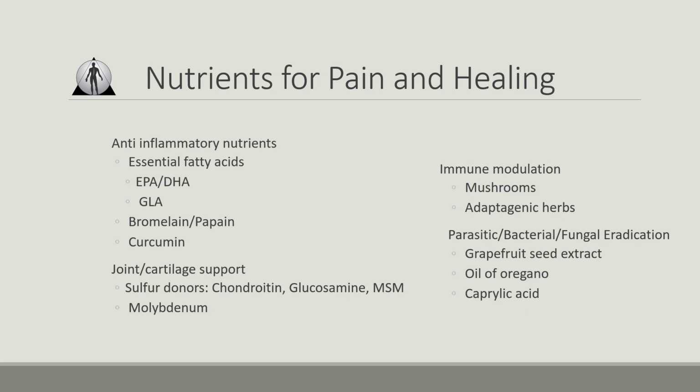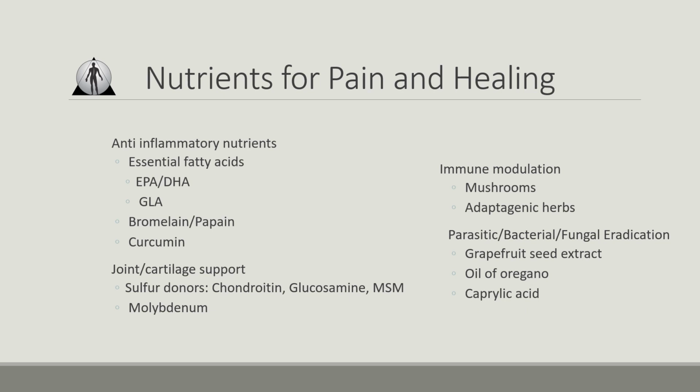Well, we would be remiss if we did not include in this slide nutrients that you can take for pain and healing. I broke it down into different categories. My favorites for anti-inflammatory, which would be the essential fats. We just talked about that, EPA, DHA. That's the omega-3s. If you really wanted to take an omega-6, the GLA, it's a little bit further down the pathway, so a little bit closer to getting to the anti-inflammatory side.